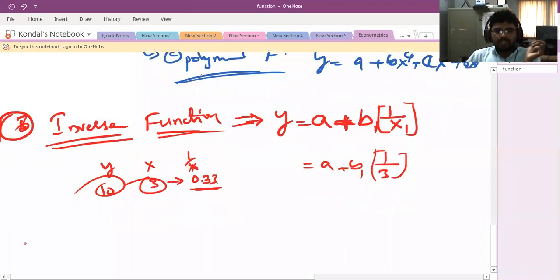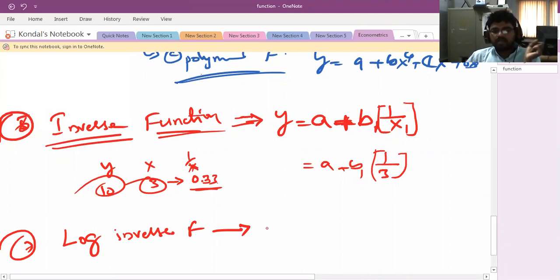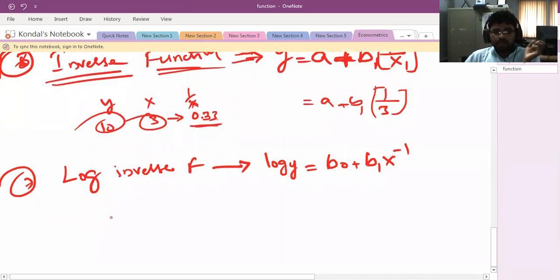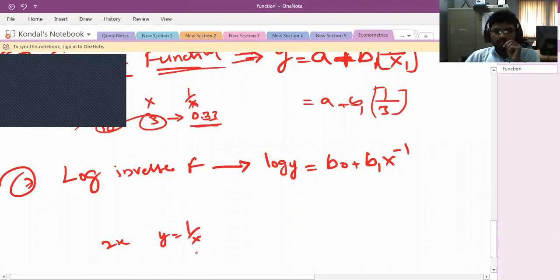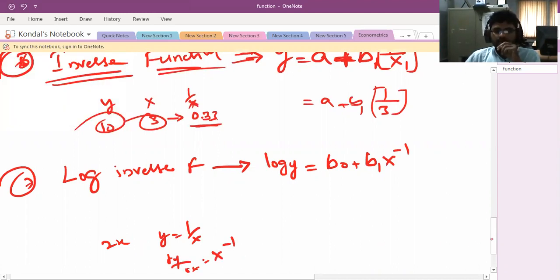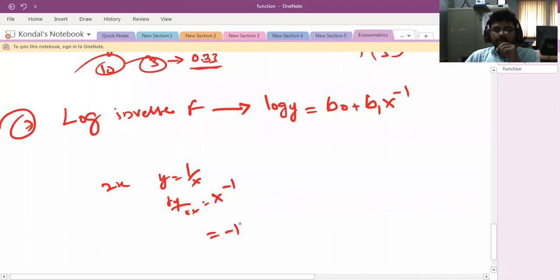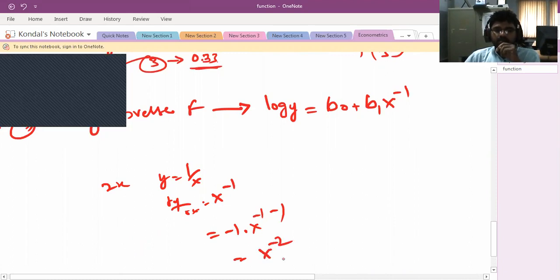As the last one, the seventh, the log inverse function. The log inverse function is log y equal to beta 0 plus beta 1 x1 power minus 1. When you find the derivatives, for example, y is equal to 1 by x, to get dou y by dou x, we take x power minus 1, then minus 1 into x power minus 1 minus 1, therefore minus 1 into x power minus 2.